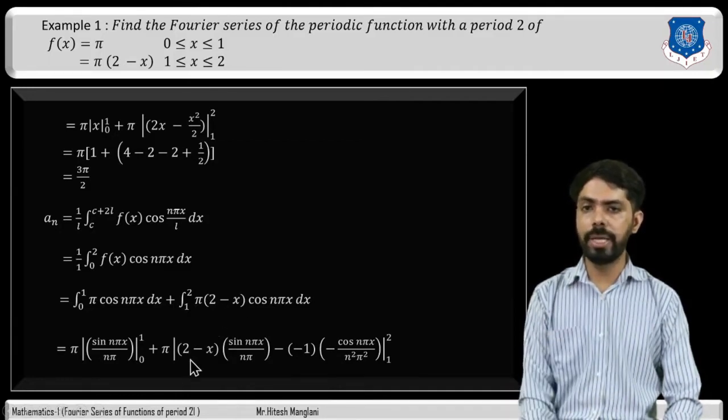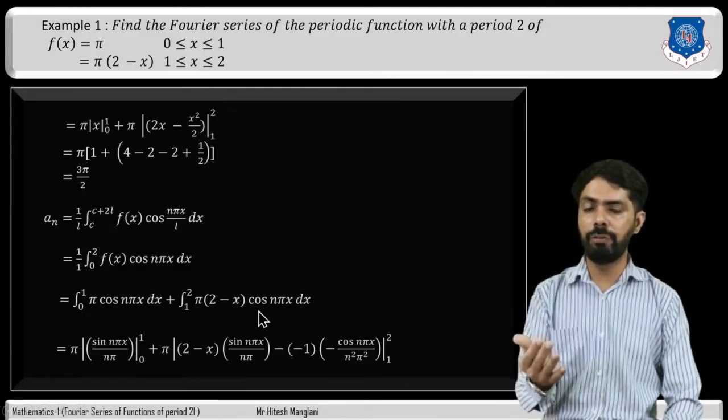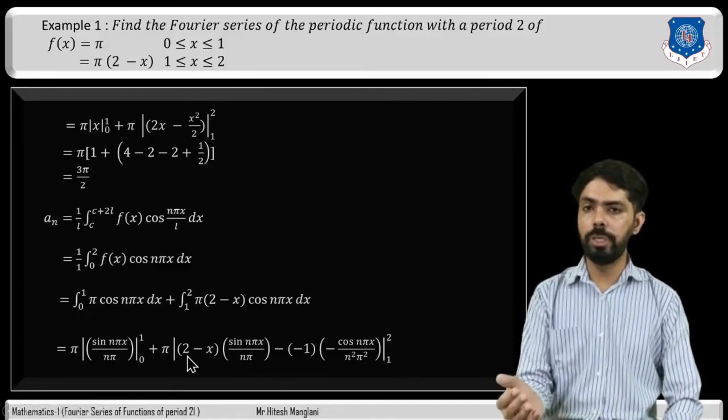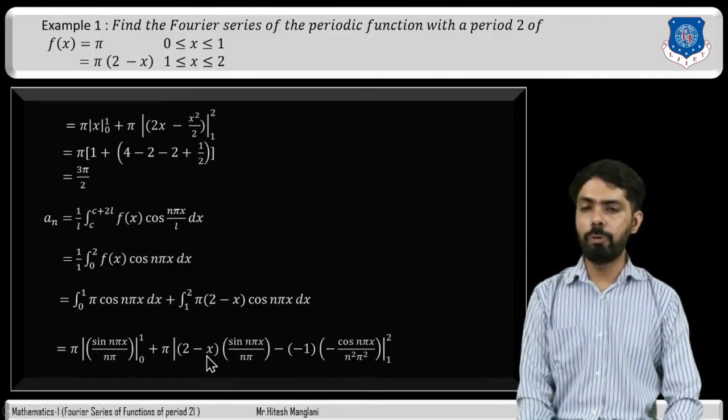So here 2 minus x will be as it is and we will take integration of the second function, that is cos n pi x. So integration of cos n pi x will be sin n pi x divided by n pi, because integration of cos theta is sin theta and here the coefficient of x is n pi, therefore we have to divide by n pi. Then minus, now we will take differentiation of 2 minus x. So derivative of 2 is 0 and derivative of x is 1.